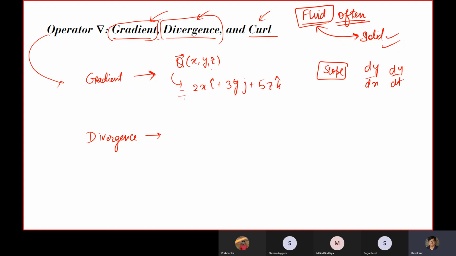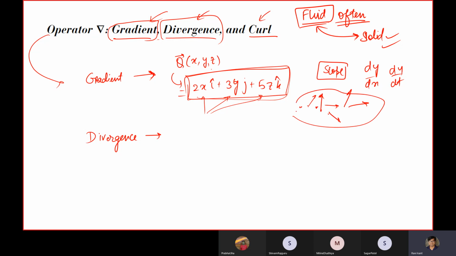I don't know, some random vector field. It is a function, but it also has components. At every point there is a vector defined, and the combination of all these vectors gives you a vector field.